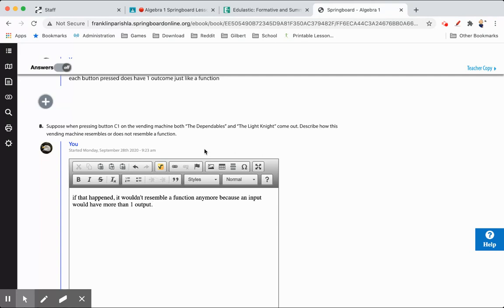So if I press that button C1, I would get 2 different things happening. And that right there ruins a function.